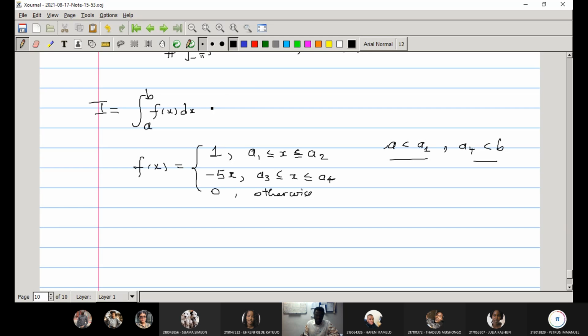So I can write this as the integral starting from a and reaching a1, plus now I can integrate from a1 to a2, plus a2 to a3, plus from a3 to a4, right? And finally from a4 to b.